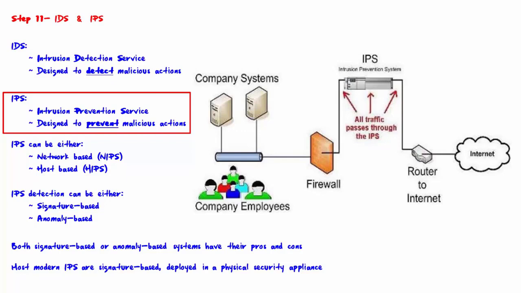For modern implementations, we almost always deal with IPS, which prevents malicious actions and also logs each incident where malicious action has been prevented. So we will not deal with IDS here.